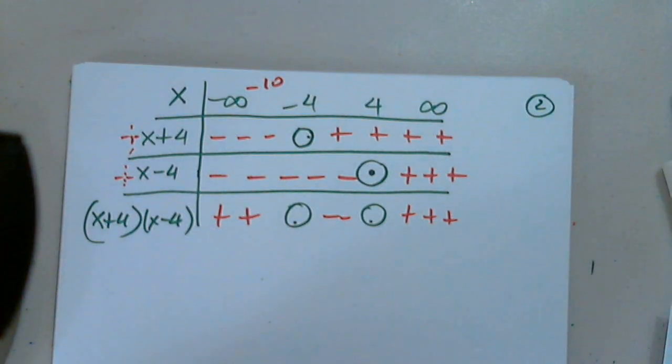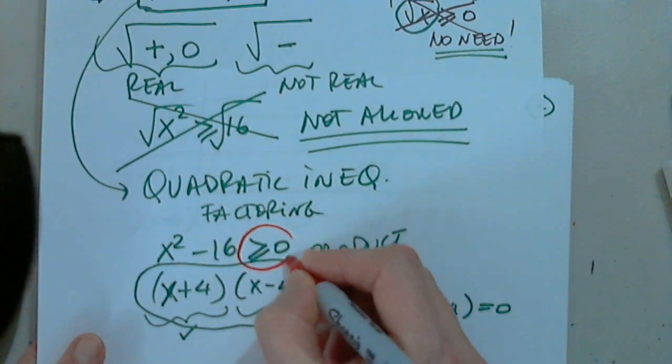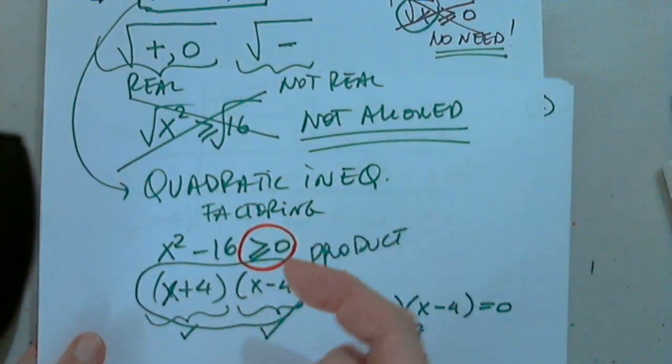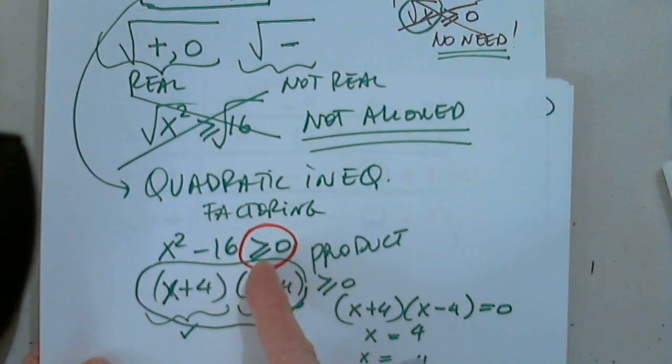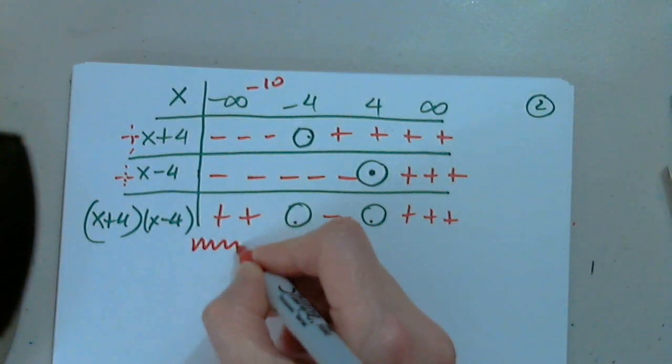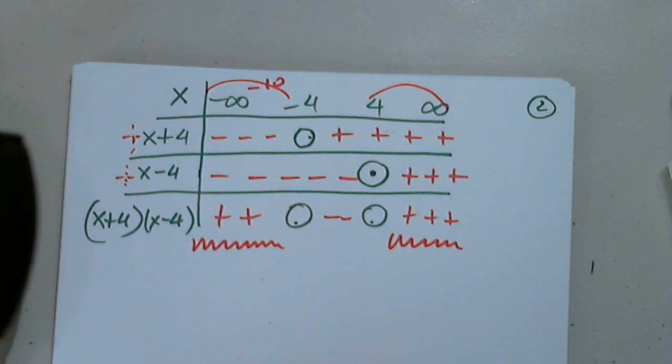Good. Now, stay with me. What sign for the product? What sign will I pick according to this symbol? Positive. Yeah, perfect. So here's the positive sign. For which x values then?